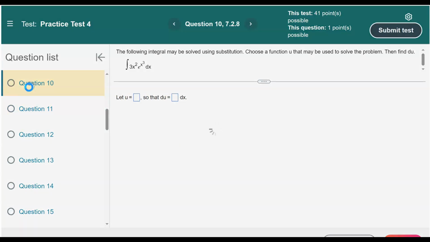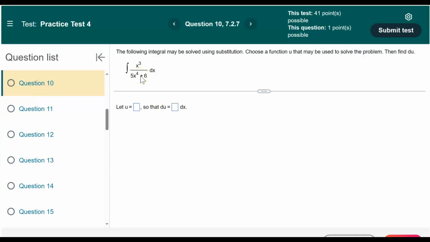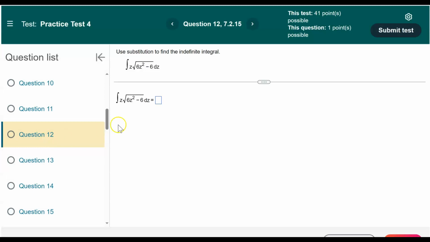So if you have a rational function, you want to see if the integral of 1 over u will work. So that formula is what you're trying to use if you have a rational function. So we'll not do 10 and 11. I want you to do that yourselves. Let's go ahead and do number 12.